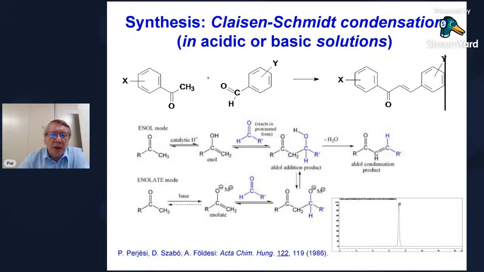Sometimes, typically based on the substituents of the aromatic aldehyde, the acid catalysis or the base catalysis gives the higher yield and purer final product.